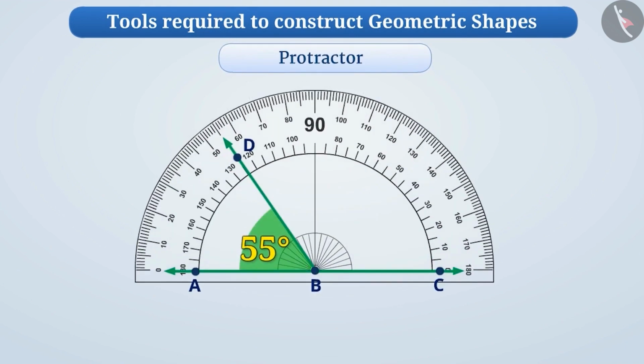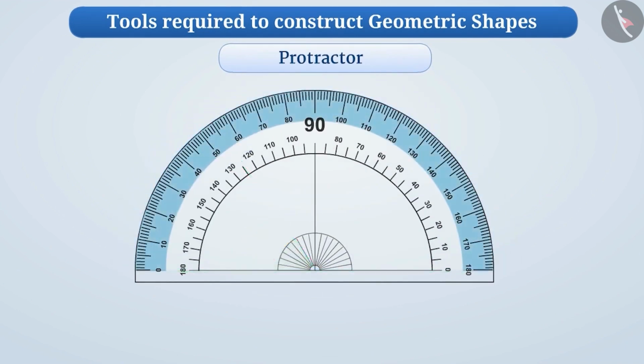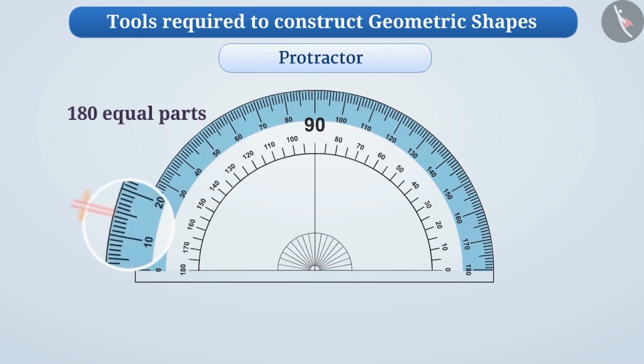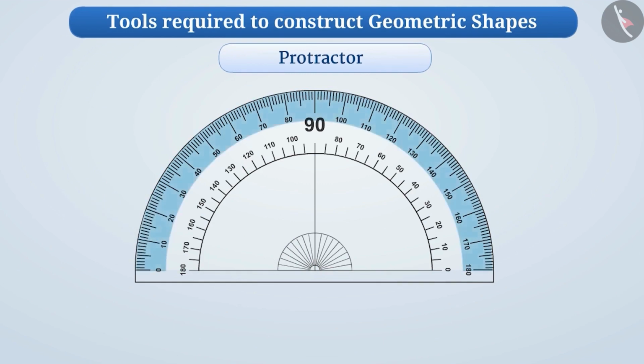It is a semicircular device and its curved edge is divided into 180 equal parts where each part is called a degree. The measure starts from 0 degrees on the right-hand side and ends with 180 degrees on the left-hand side and vice versa.